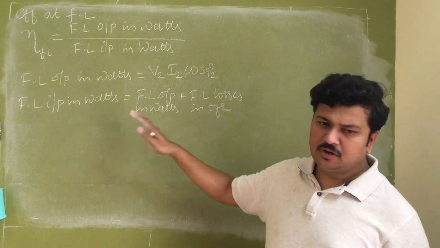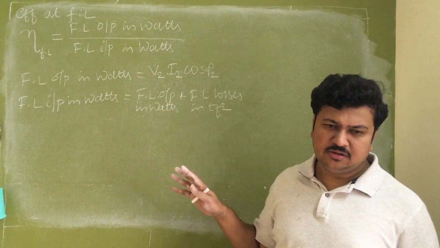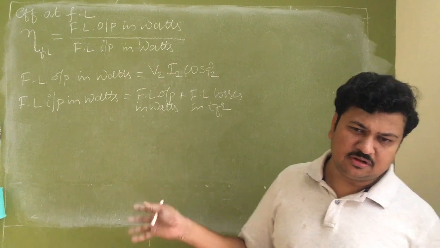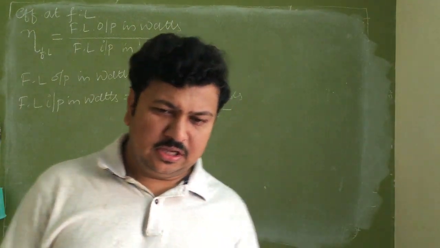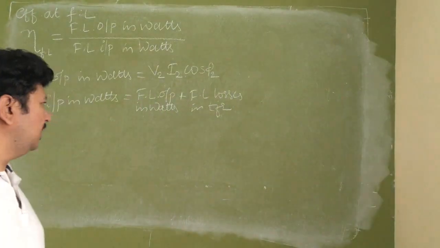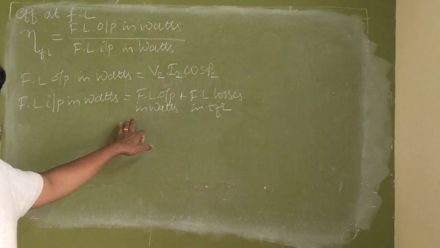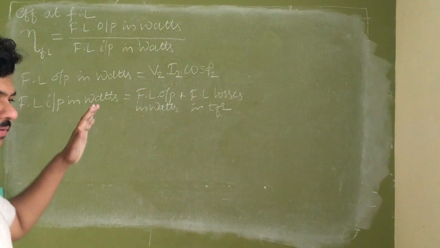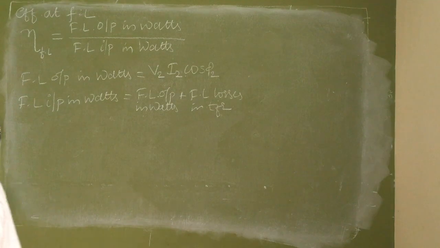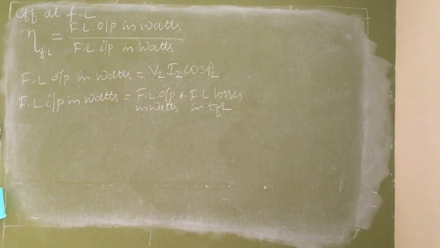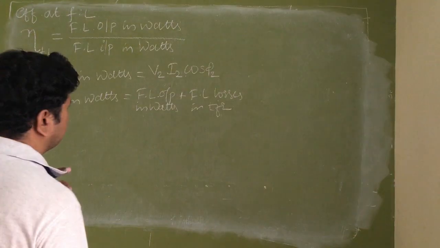So transformer output is nothing but input minus the losses, or I can say the input is supplying for losses as well as the output. So input is always equal to output plus losses. Okay, full load output plus full load losses in transformer.